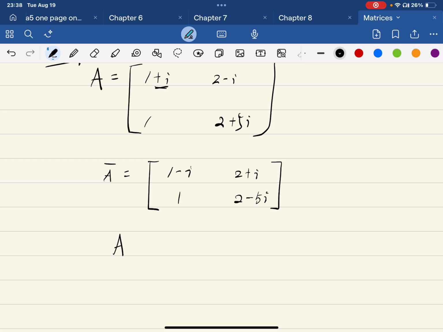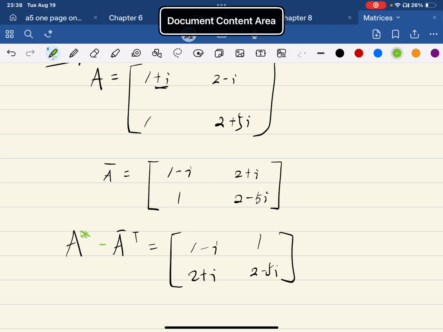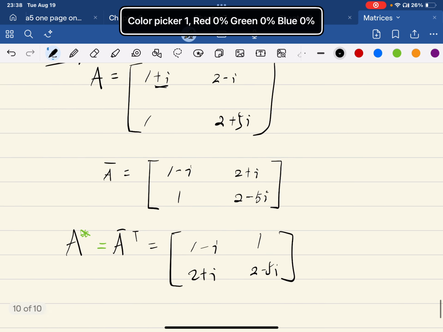And A conjugates then transposes, which is the adjoint.